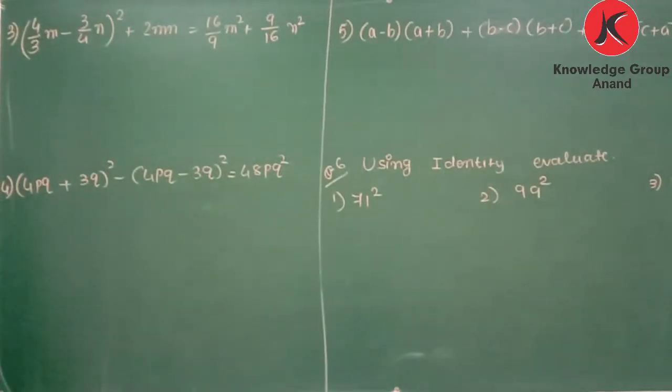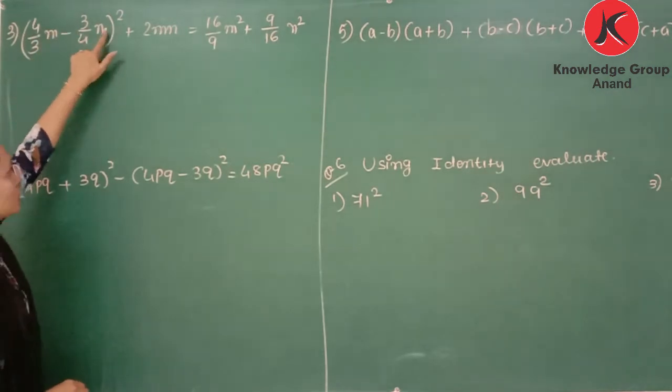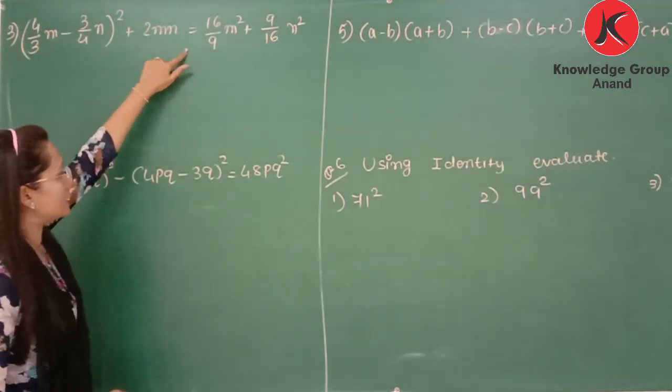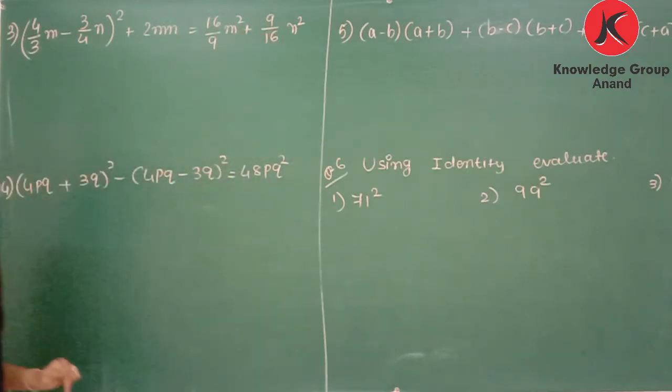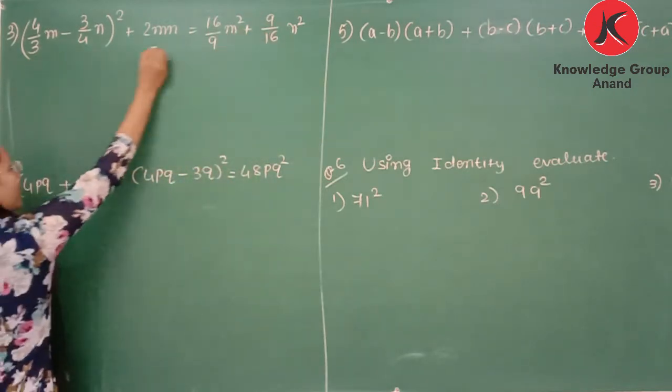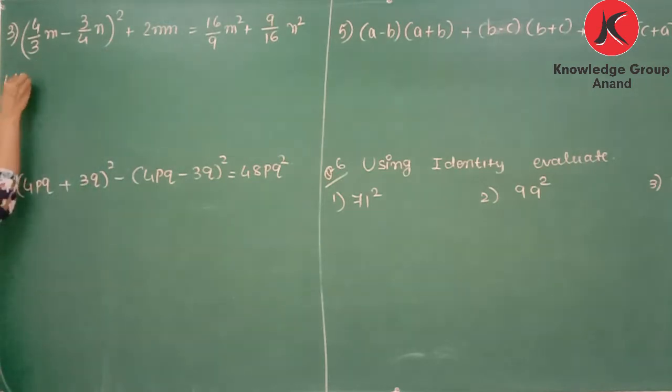Number 3. 4 by 3m minus 3 by 4n square plus 2mn is equal to 16 by 9m square plus 9 by 16n square. So here, this is our left hand side, so let's simplify the left hand side.